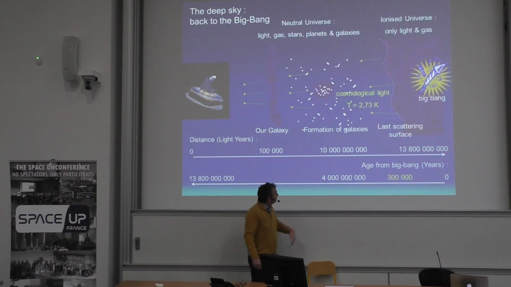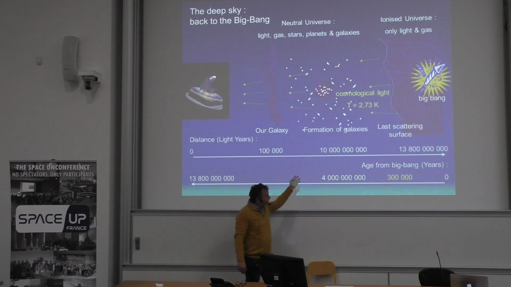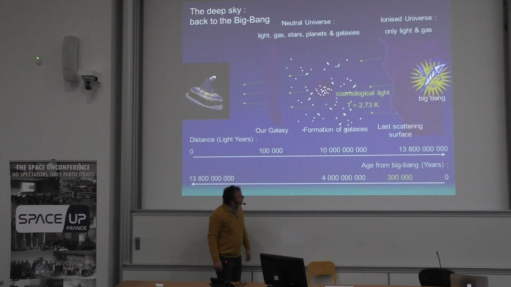So when you go to distant galaxies, 10 billion light years distance, this means those galaxies existed 10 billion years ago. So the Big Bang we think happened 13 billion and something years ago. So this means that if we could have an observation to this distance, then we could see the Big Bang.